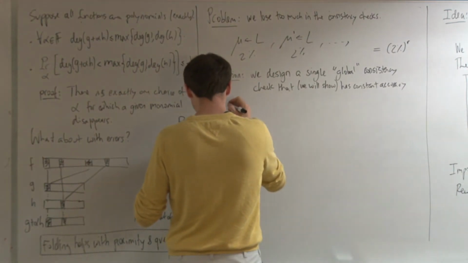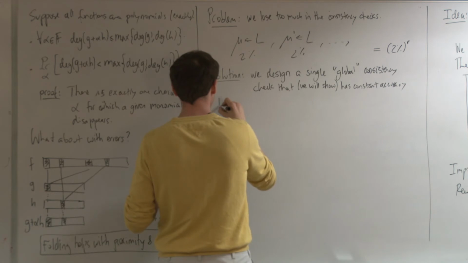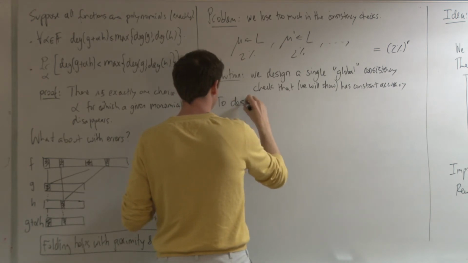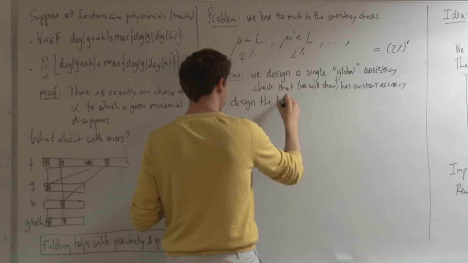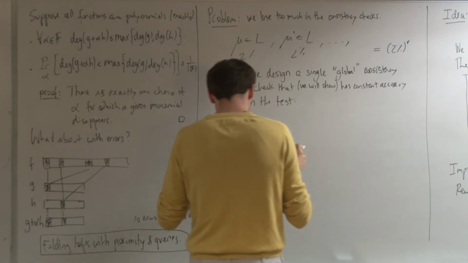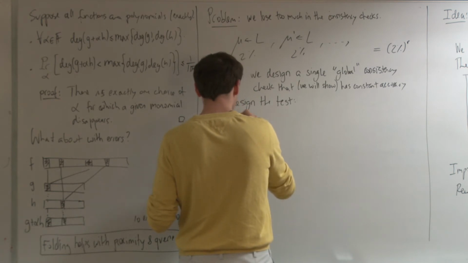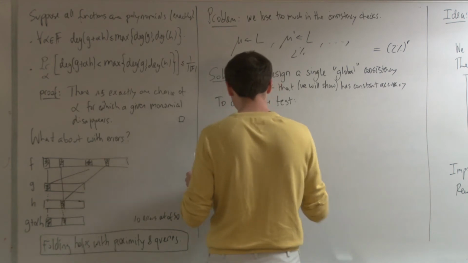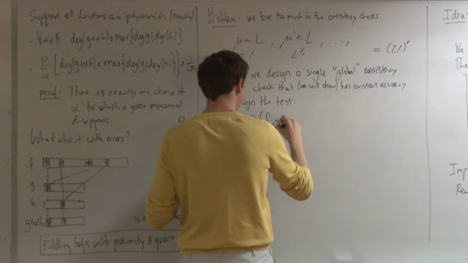So first we're gonna make a simple observation. To design the test, let's sort of see a couple of things. The first one is that I'm going to define an operation, fold, of f and alpha.